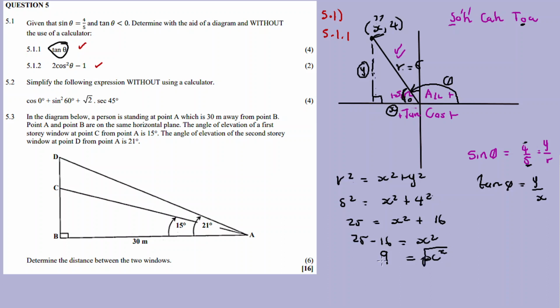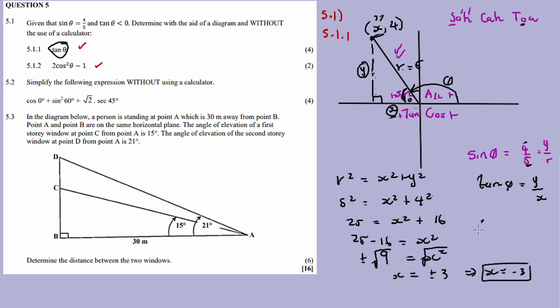Taking the square root of both sides, x is plus or minus 3. But x will be negative 3, because x in the second quadrant is negative.